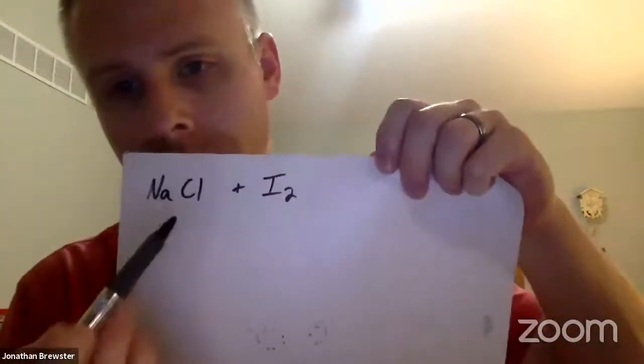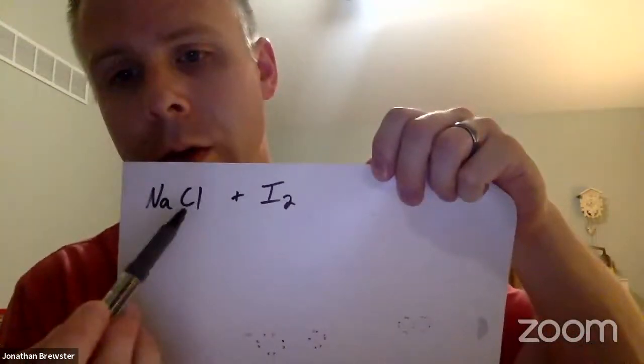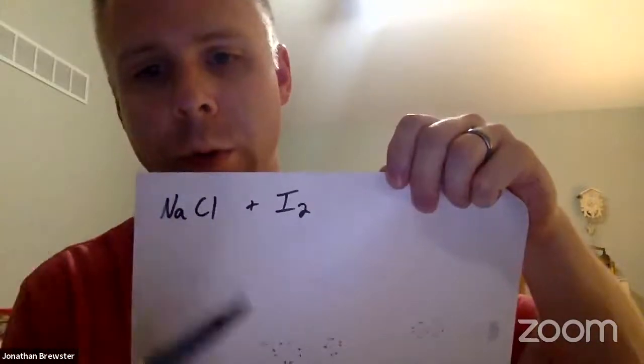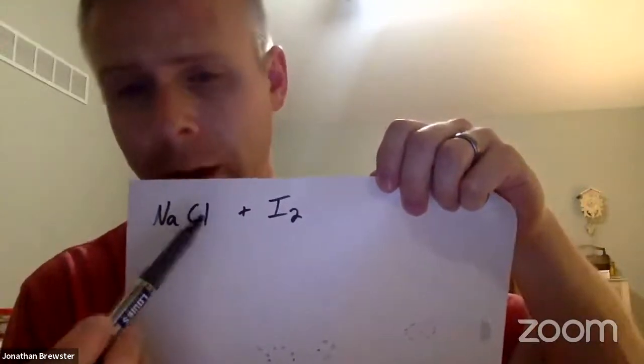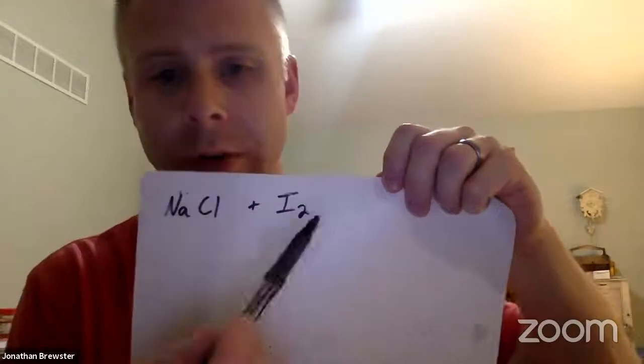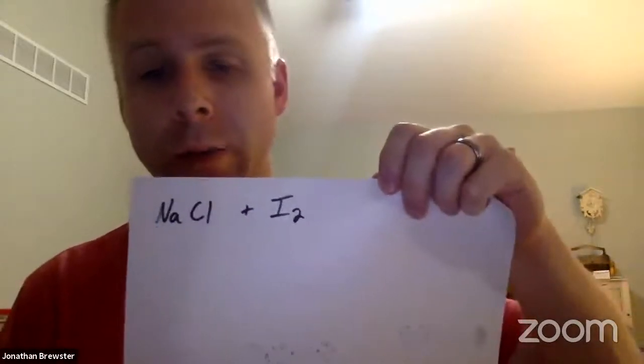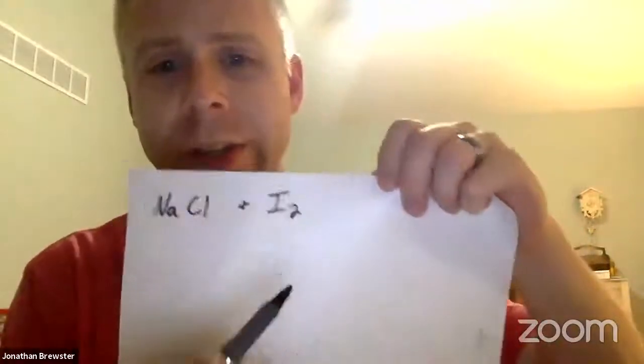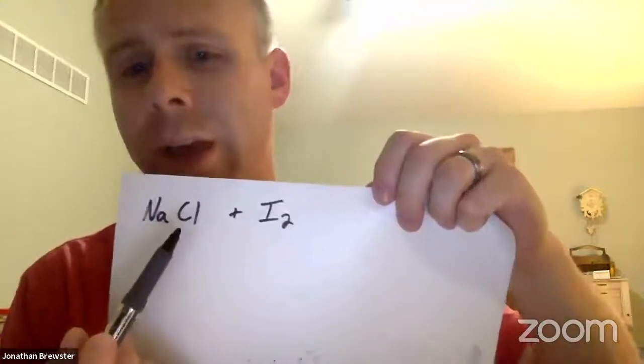So say we had NaCl plus iodine diatomic. Chlorine will dissociate from the sodium. Sodium will go do its own thing, and chlorine will become minus. And if chlorine crashes into iodine, he already has his electrons.